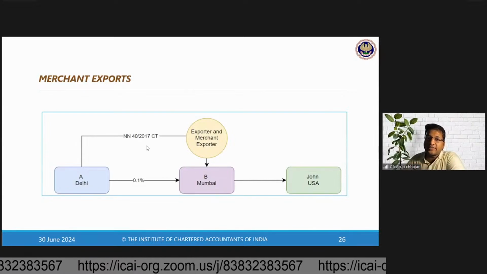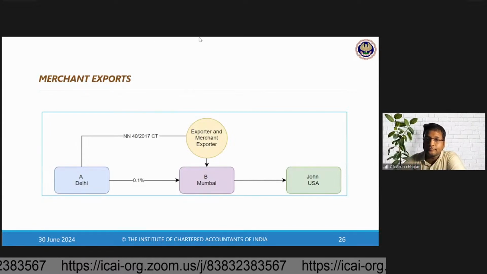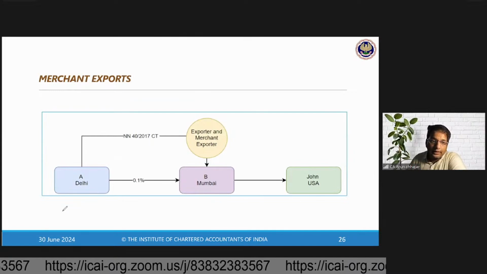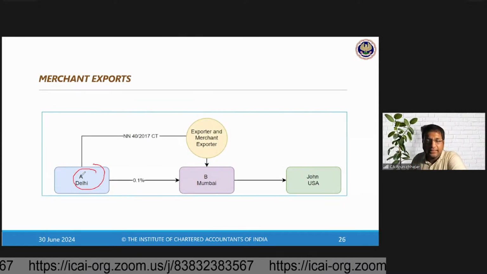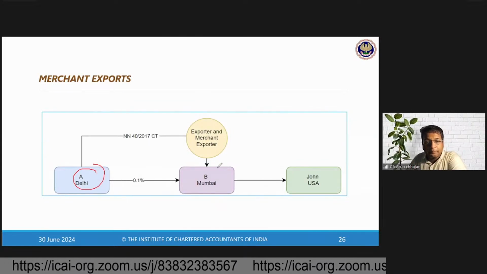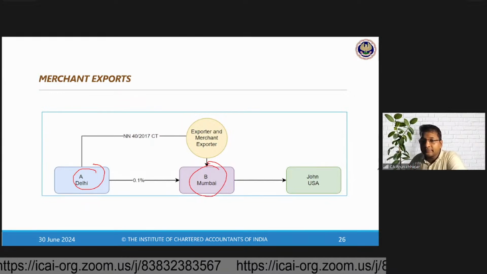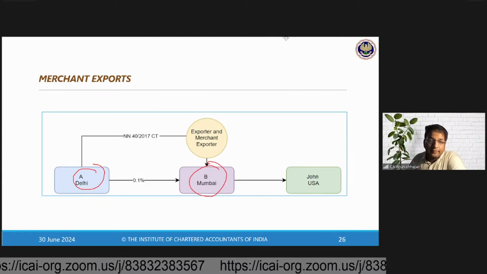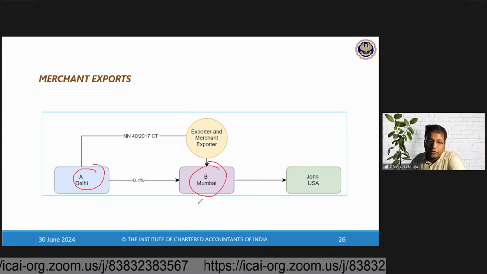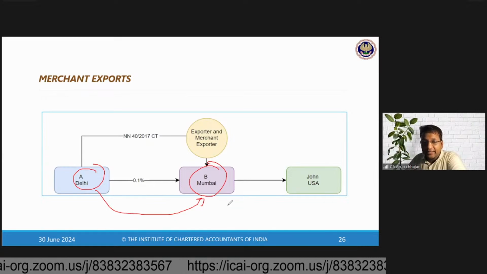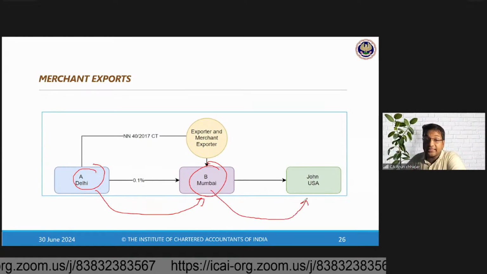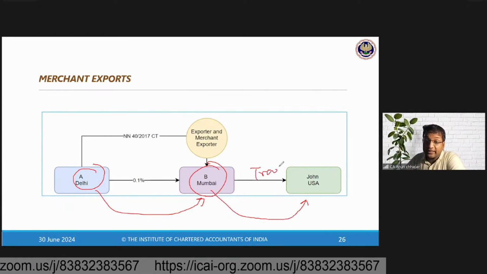Merchant export means, Mr. A, let's say I'm taking the example, A is from Delhi, B is from Mumbai, and A is making the supply to Mr. B, and B is making the supply to Mr. John as it is. Basically, he is doing the trading.